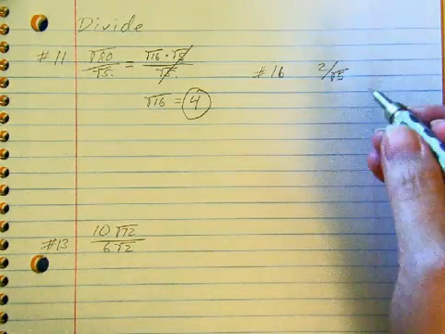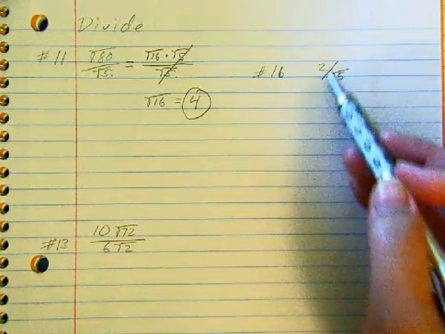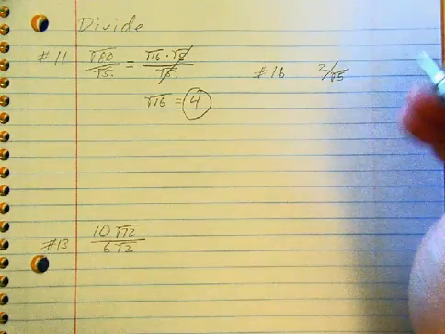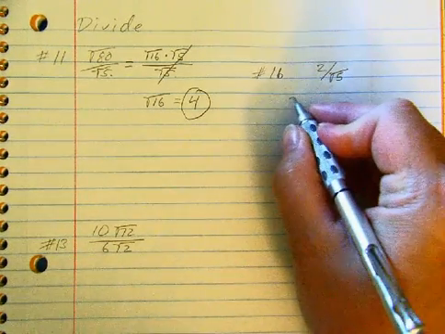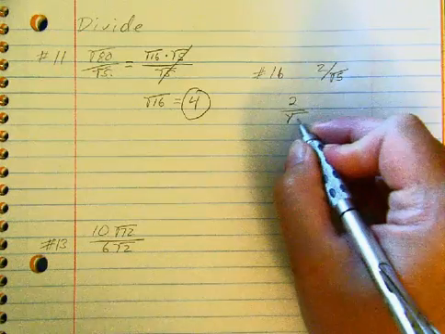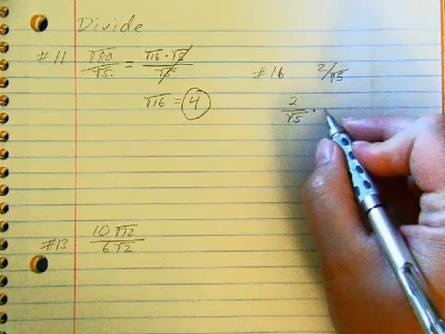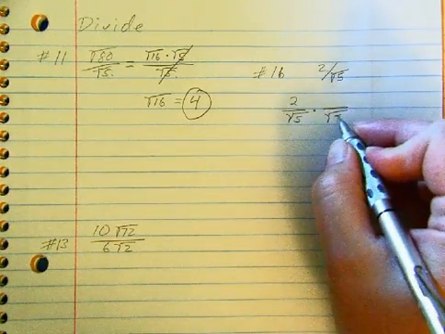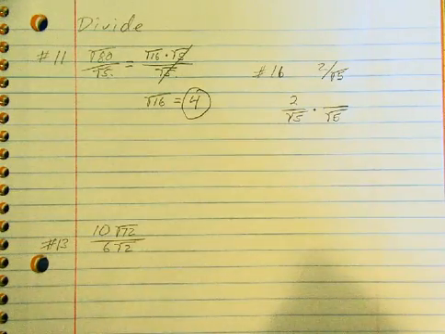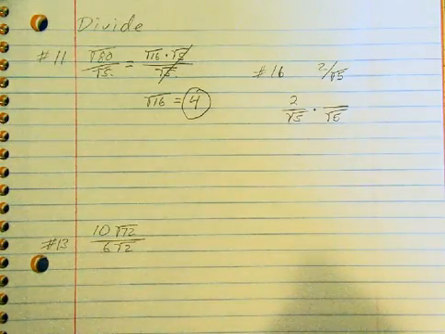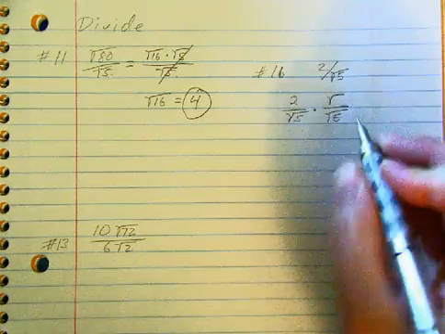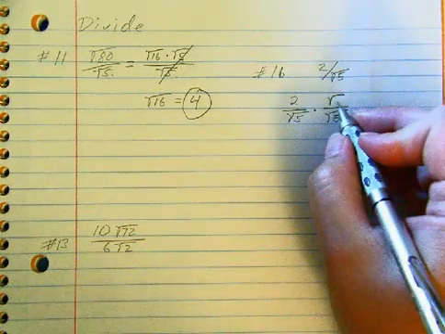Okay, so the other way to do this, because we don't want a square root in the denominator, is we're going to take 2 over square root of 5 times, if I take square root of 5 times the square root of 5, then my square roots will cancel out. So whatever I do to the bottom, I have to do to the top.